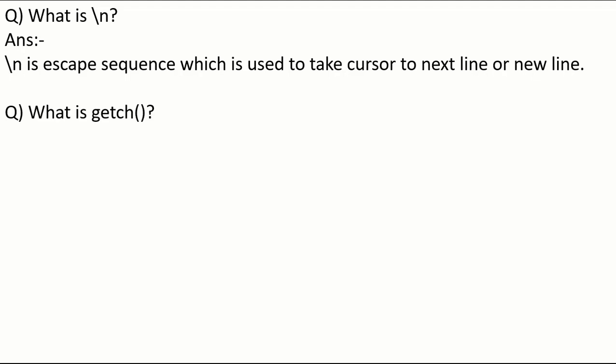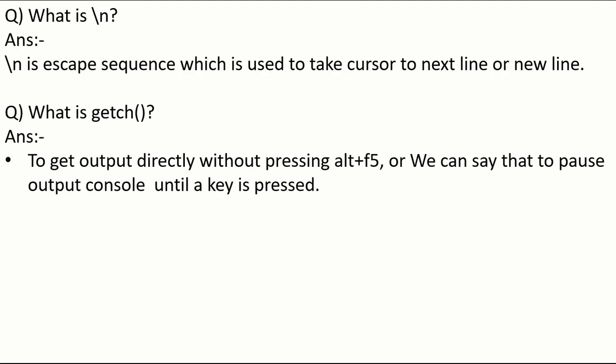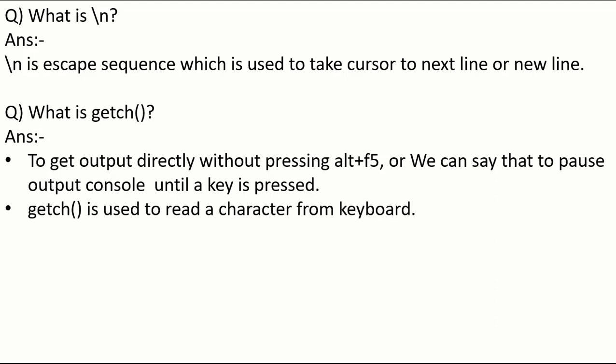Now what is getch? We have already learned what getch is. To get output directly without pressing Alt F5, we use the getch function, or we can say that to pause the output console, nothing but the user screen, until a key is pressed, we make use of the getch function.